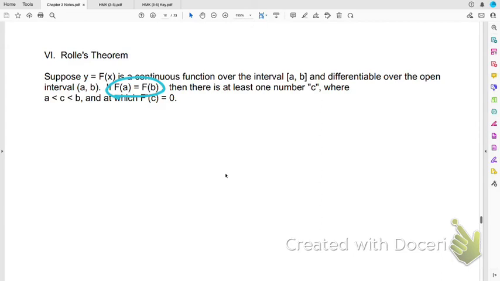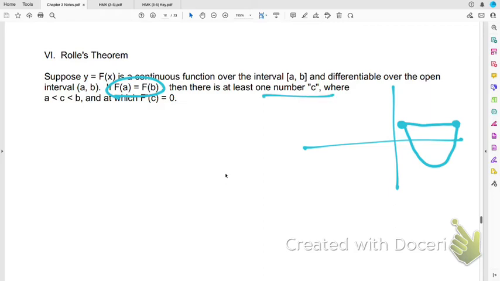It's going to be a horizontal line, right? Because if you're going from A to B and you have equal y values, the line joining them has a slope of 0. So it follows that there is at least one number c on that interval at which f prime of c equals 0. It's the same thing: the slope is equal to the derivative at that point, okay?